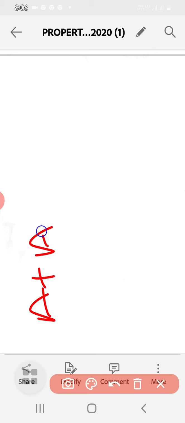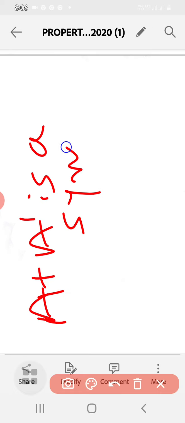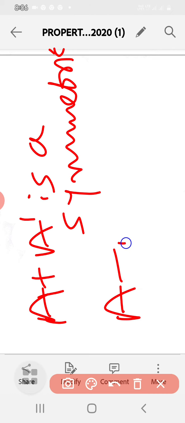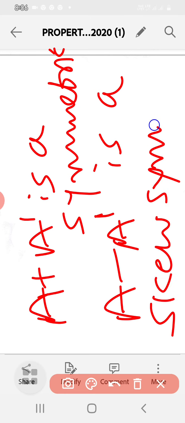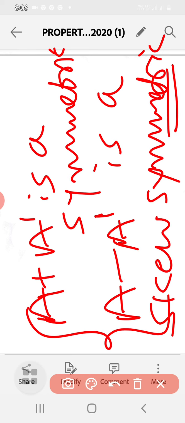So here we have shown that A plus A dash is a symmetric matrix and A minus A dash is a skew symmetric matrix. You can take your own examples.